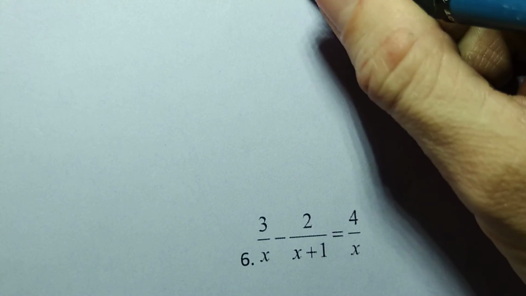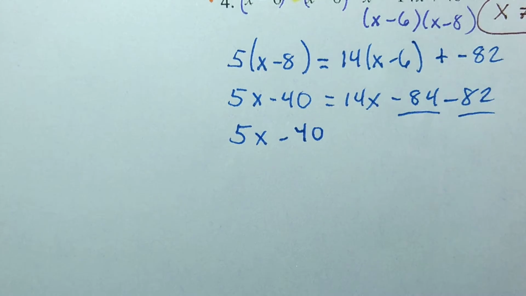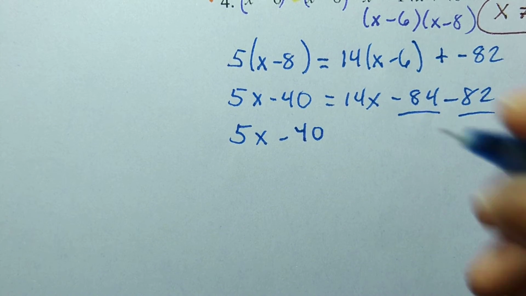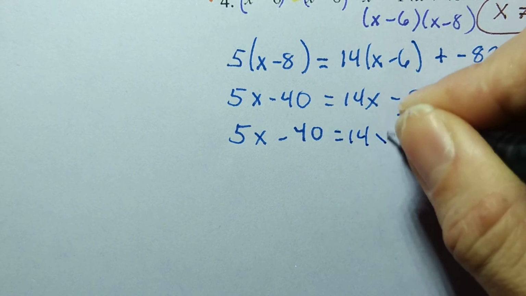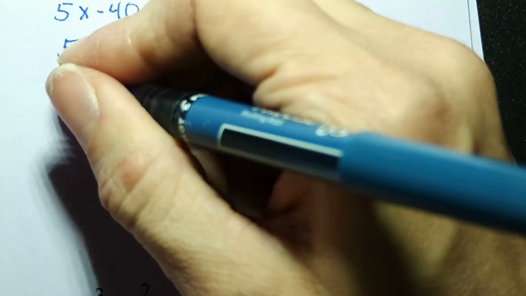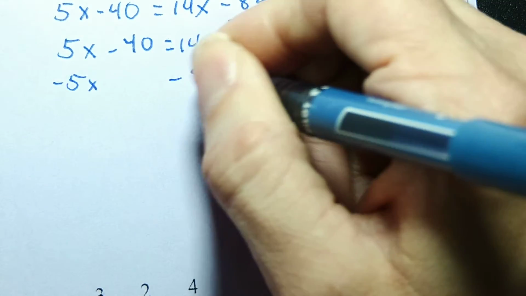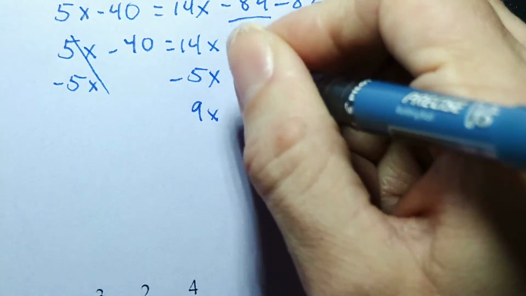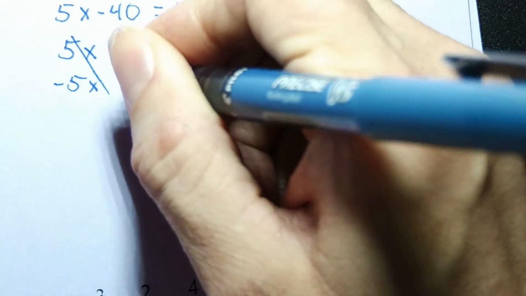So then we've got negative 40, going back to this problem, and 14x, and then minus 166. So subtracting 5x, and then adding 166.